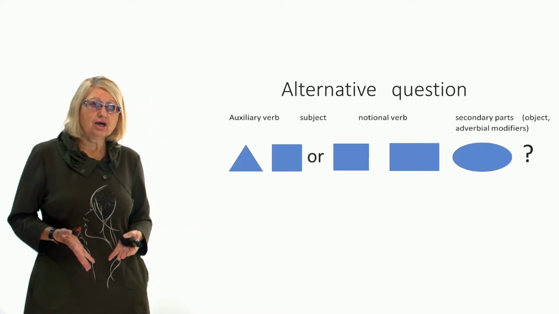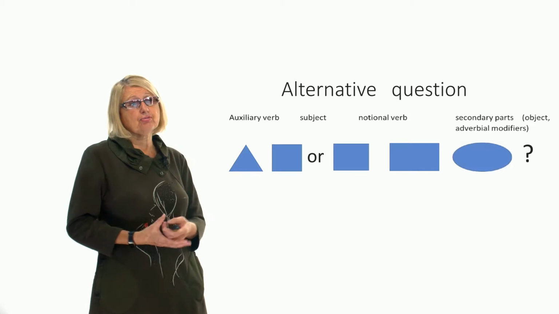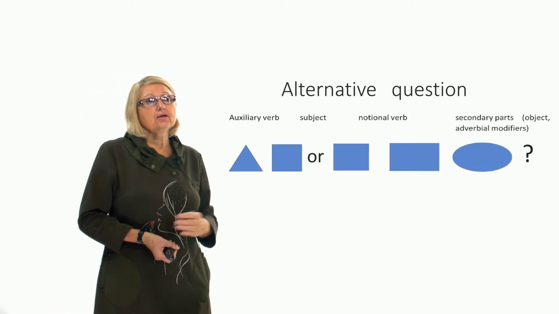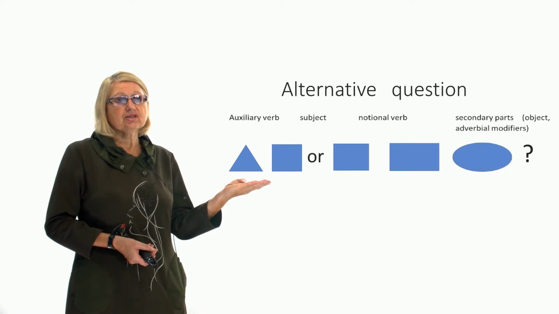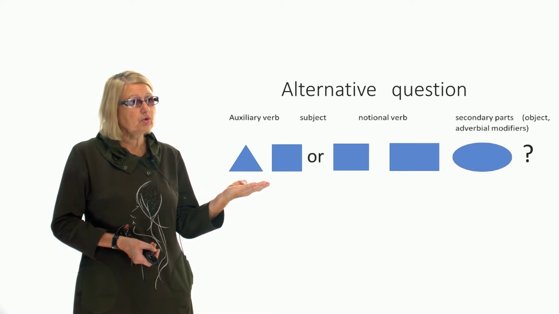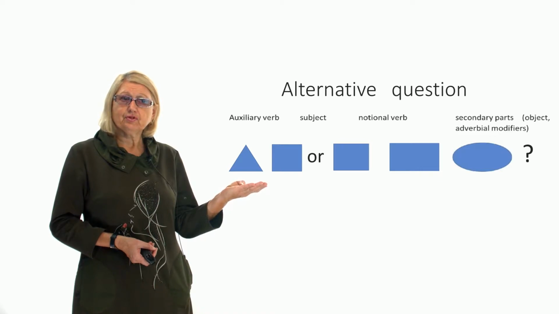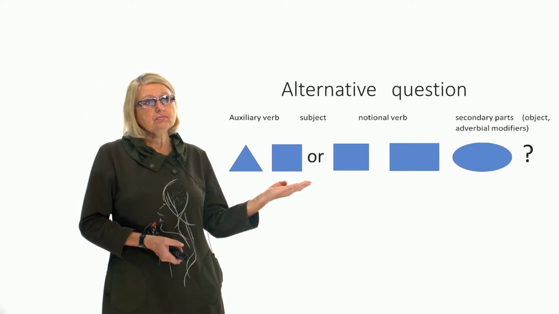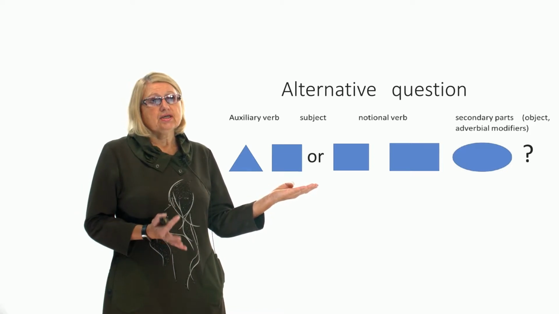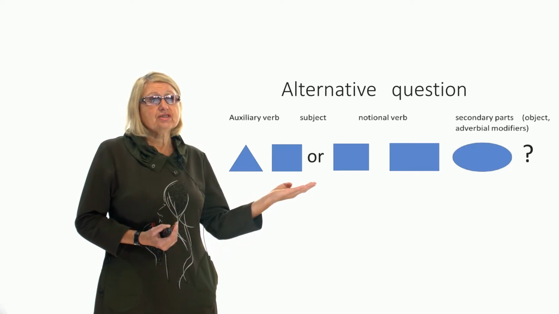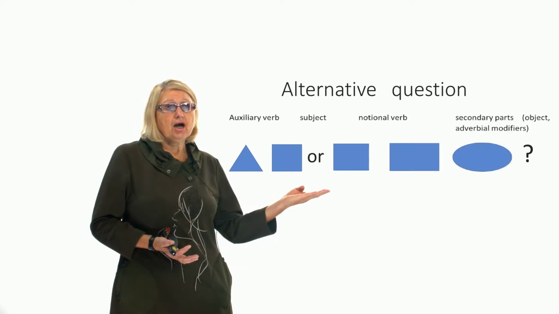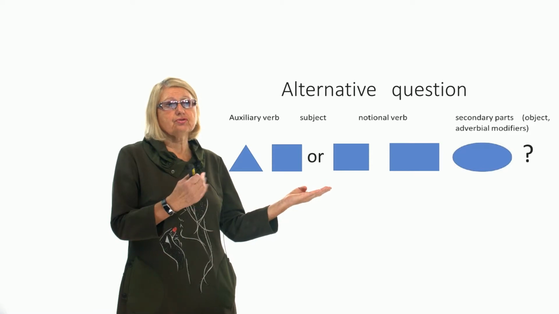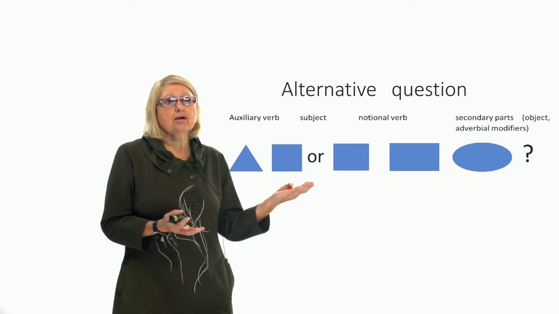And now is the next type of question, alternative question. You see, an alternative question starts with an auxiliary verb as well as a general question. Then goes a subject, and for this type of question I offer you to put the alternative question to the subject.